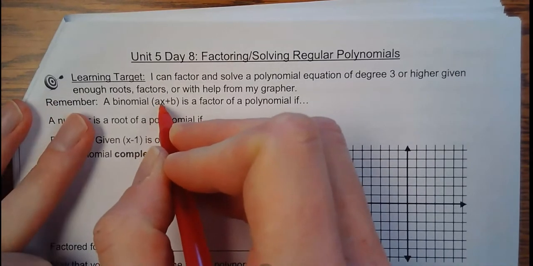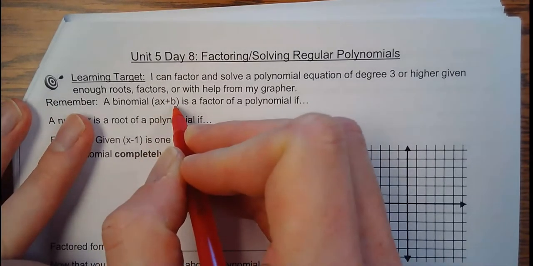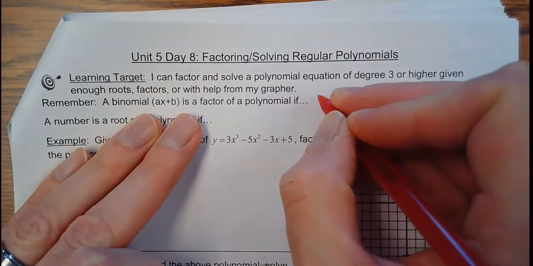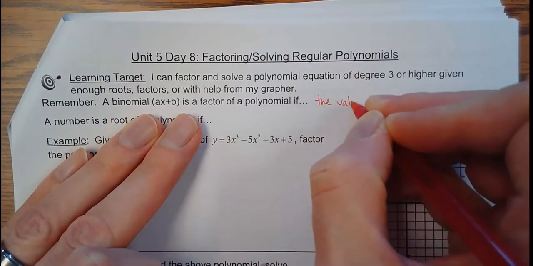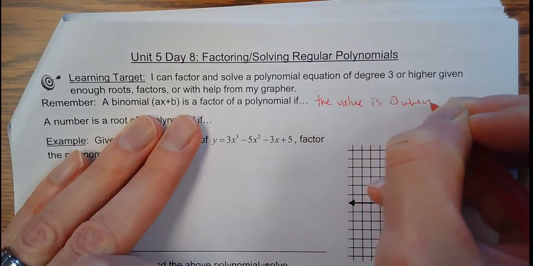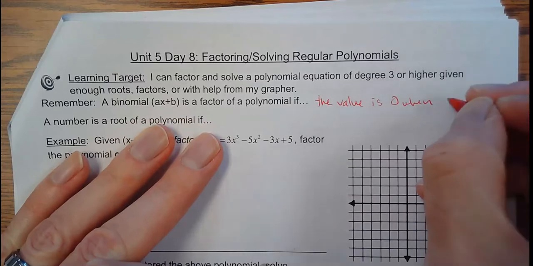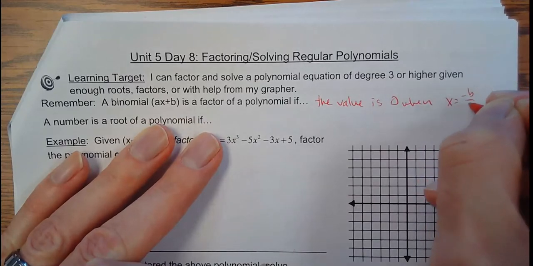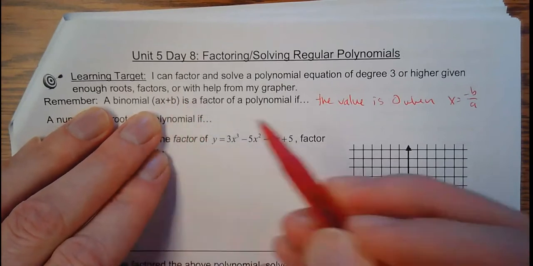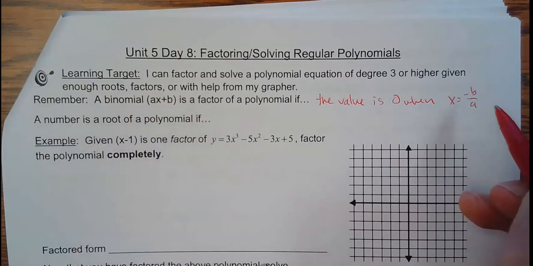So remember a binomial. If you have a binomial ax plus b, it is a factor of a polynomial if the value is 0 when x equals negative b over a, which is just subtract b and then divide by a. So if this equals 0, it's a factor.